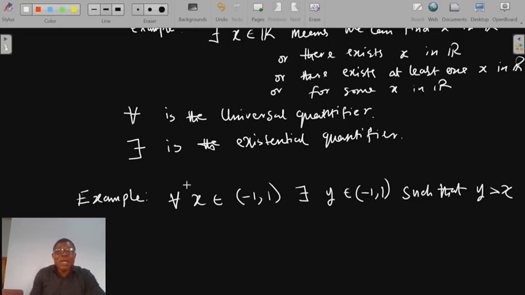What this means in actual sense, so that people will understand this, especially students at this level, is that whenever x is given in this interval, we can find y in the same interval so that that y is bigger than x.